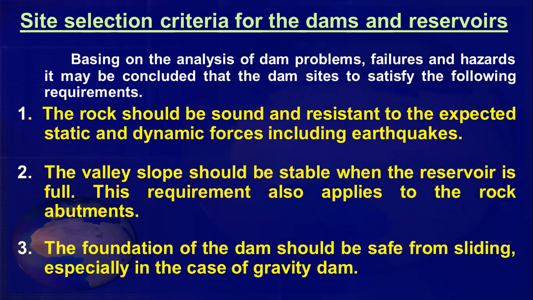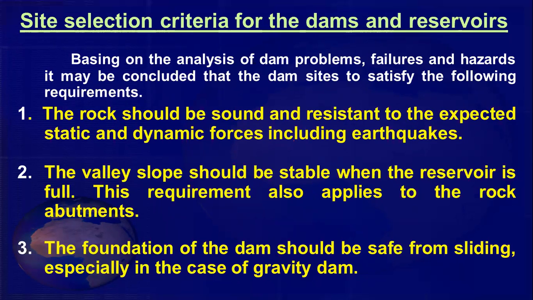So the site selection criteria, what are the necessary criteria? The rock should be sound and resistant to the expected static and dynamic forces, including earthquakes. As you know, in case of the Koyna Dam, earthquakes are always there. So the basic condition is for the stability of the dam.